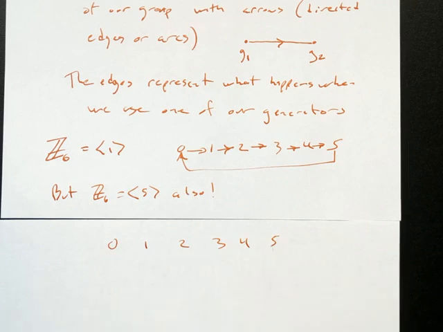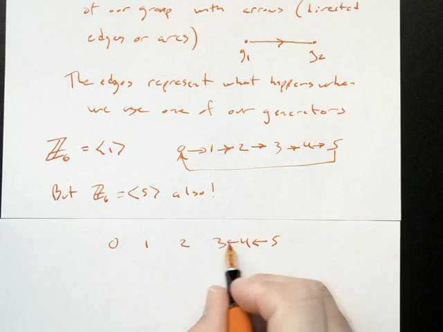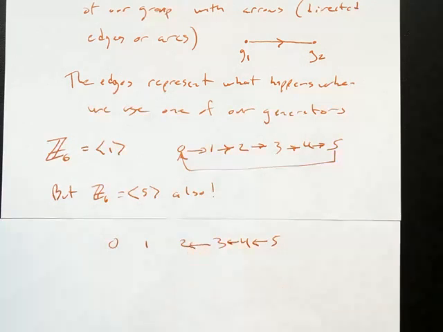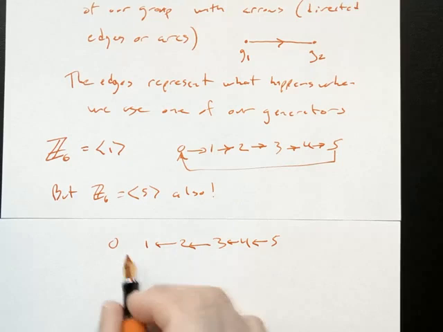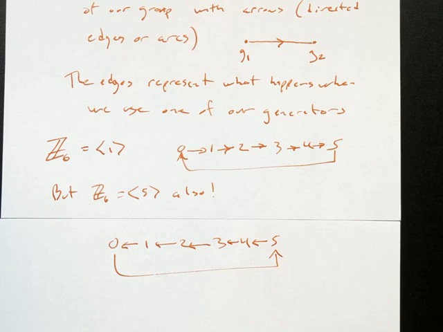Because 5 and 5 is 10, but in Z6 that's 4. 5 and 4 is 9, in Z6 that's 3. 5 and 3 is 8, but that's 2. 2 and 5 is 7, that's 1. Now it's a cycle the other way. So in one sense, I can think of going around my clock, clockwise or counterclockwise, depending on where I started, right?